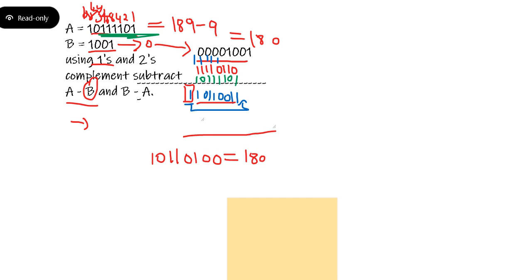So when you add it, you see what you'll get. 1 plus 1 is 0, 1, again 1 plus 1, 0, 1. So this will come as 1.